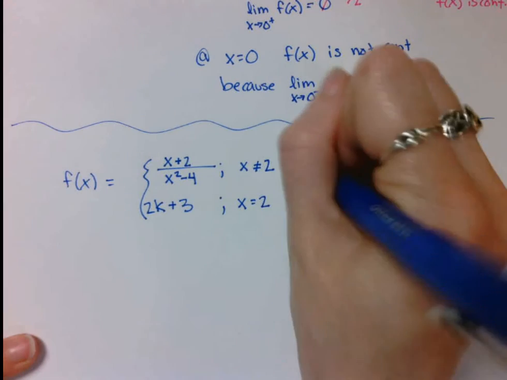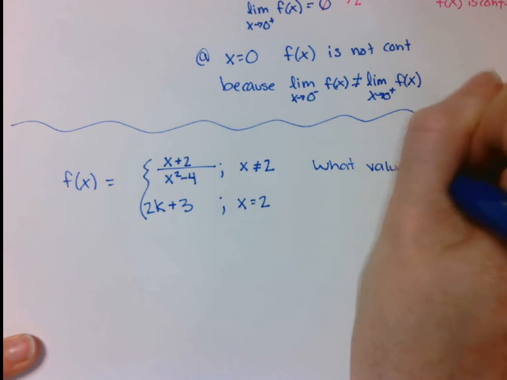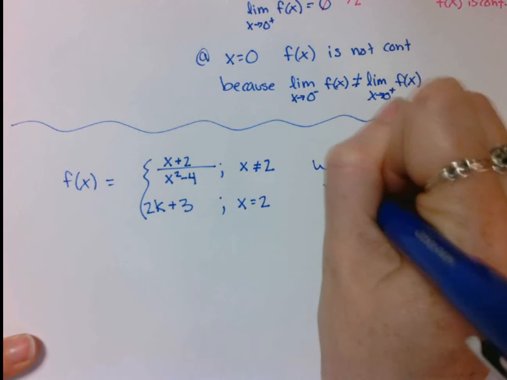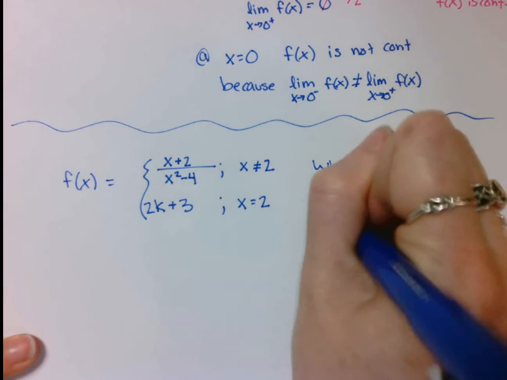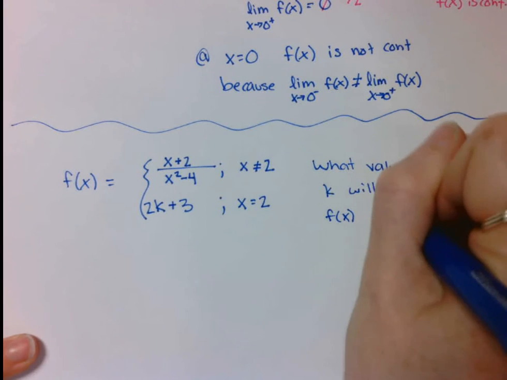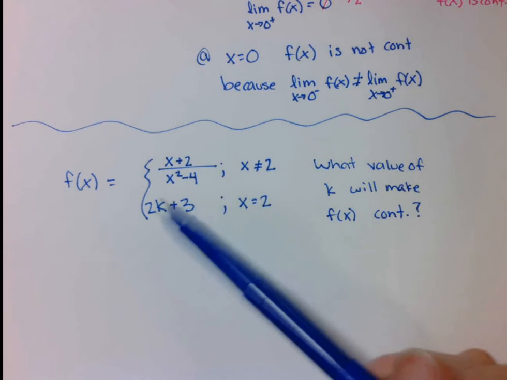They're going to ask, what value of k will make f of x continuous? So you're going to use those 3 steps we use to show continuity in order to evaluate k.